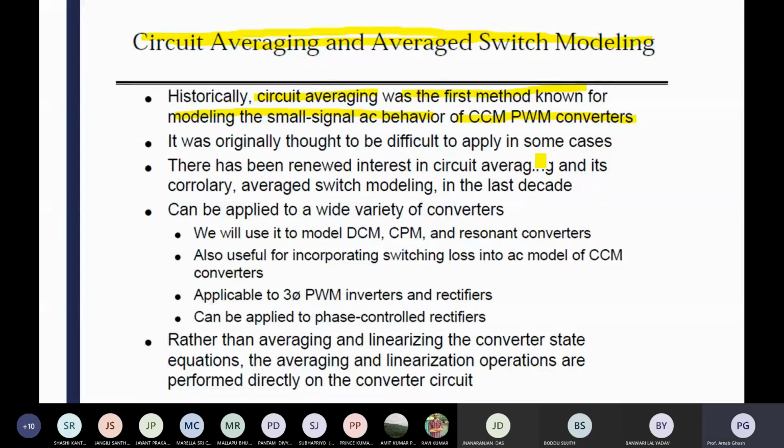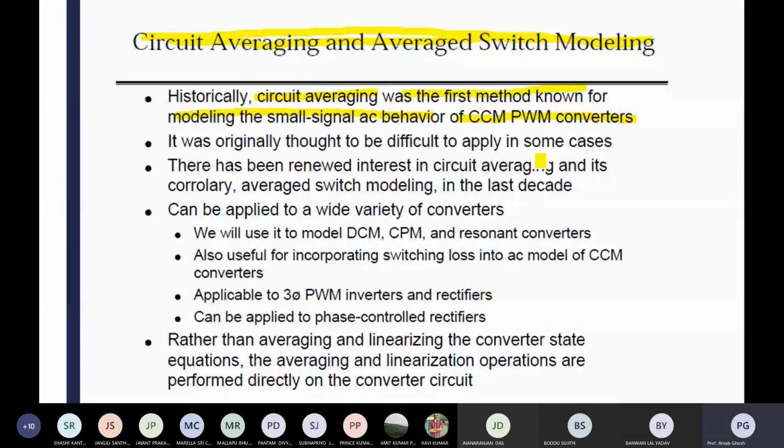So, by using state space averaging methods, as written here, it is difficult to apply in some cases. I think all of you will be able to understand what I mean by some cases. There has been renewed interest in circuit averaging and its corollaries.